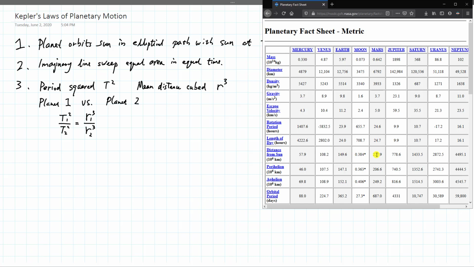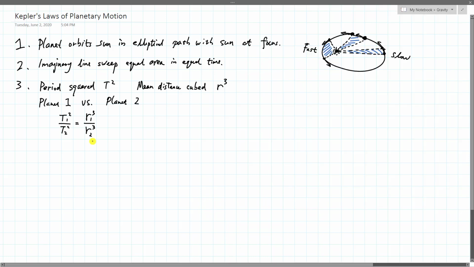The units are the same, and we can divide them out, right? Let's say that R1 is 150, the unit being 10 to the 6 kilometers, and R2 is 228, also 10 to the 6 kilometers.